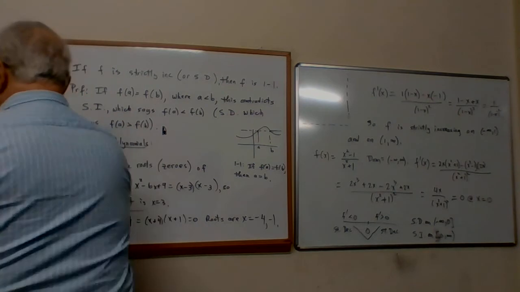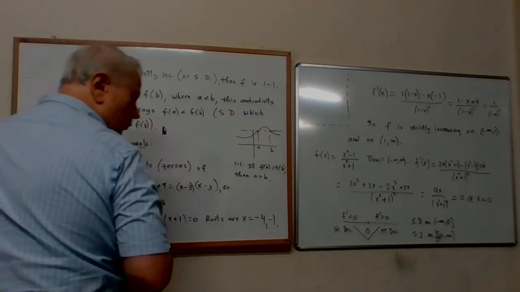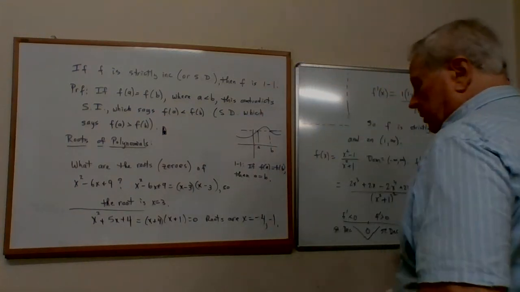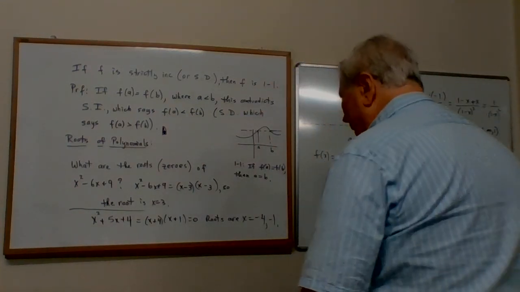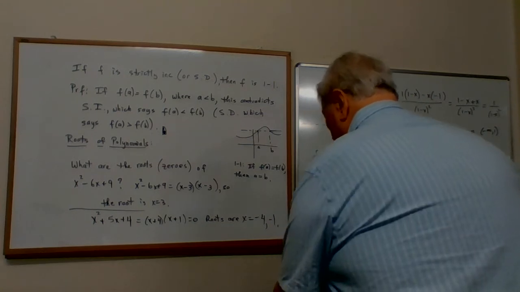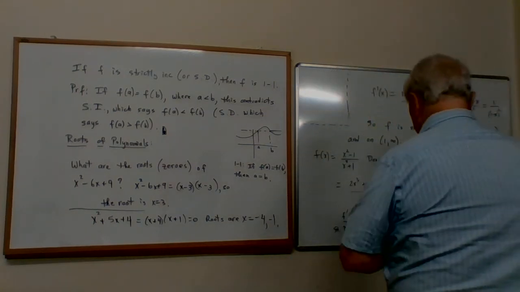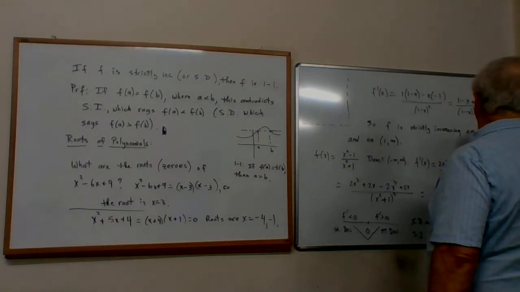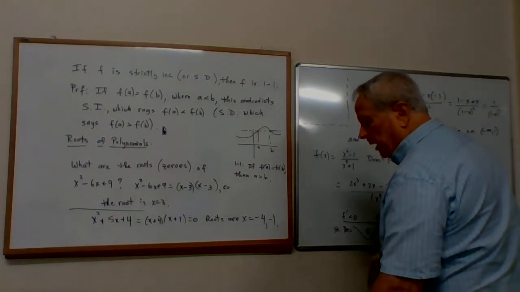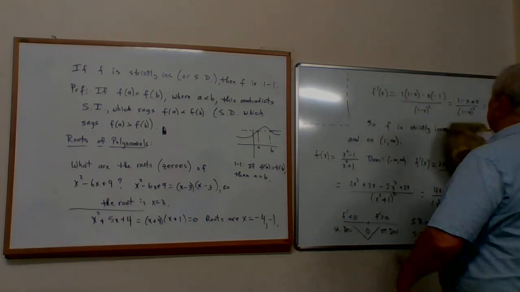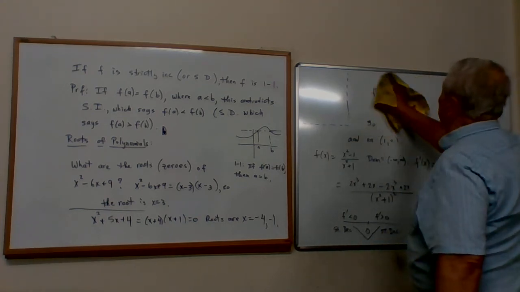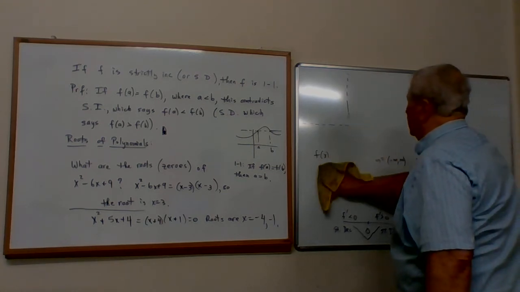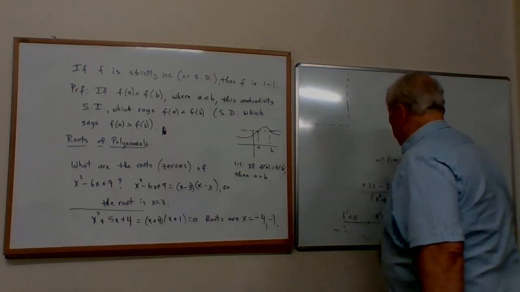Let me erase the other board, because we're going to prove a theorem that is kind of fundamental to being able to find rational roots. To find roots that are rational numbers. Now, if you have a polynomial like x squared minus 2, that has two roots, plus or minus the square root of 2.